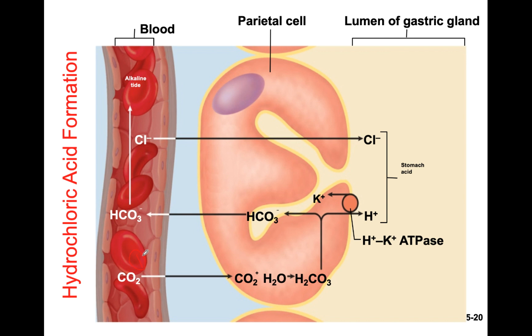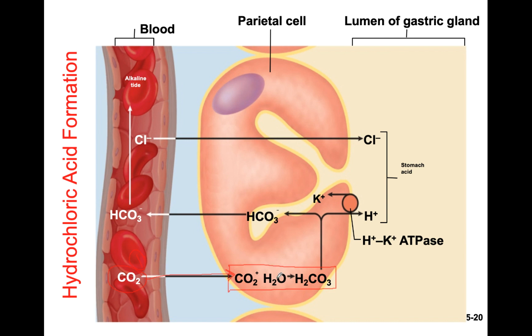But this reaction, surprisingly, is the same reaction that's found in the respiratory system for carbon dioxide dissolving in plasma. So you take carbon dioxide from the blood, you move it into your parietal cell. In the parietal cell is where you have that typical cell reaction that you learned about in respiratory system.